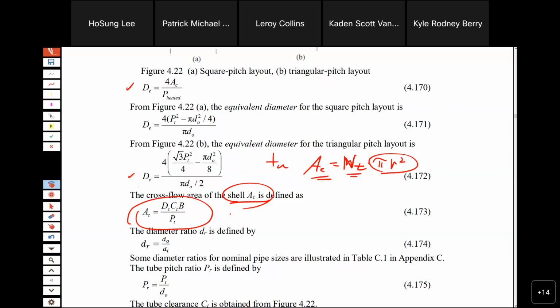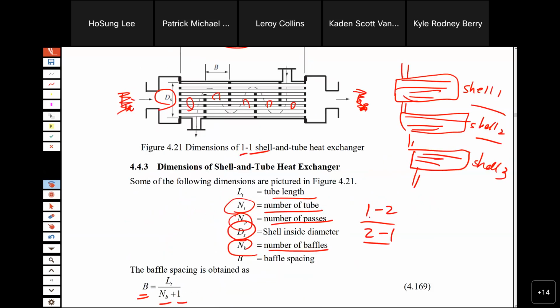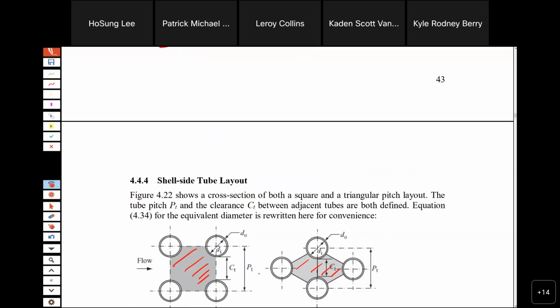So for the shell side, we use DS and CT, baffle spacing, PT. What is CT? PT is a pitch from center to center. CT is a clearance top to bottom.